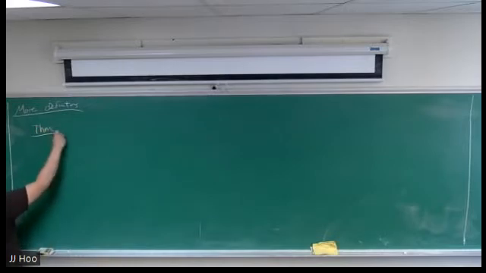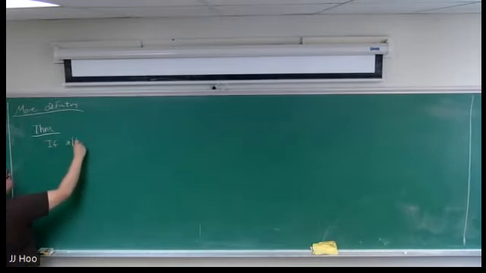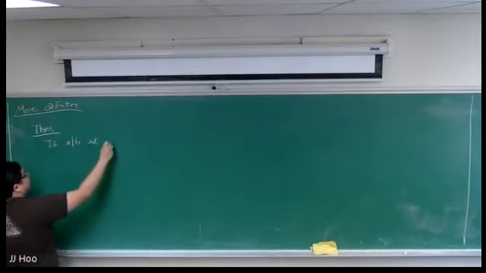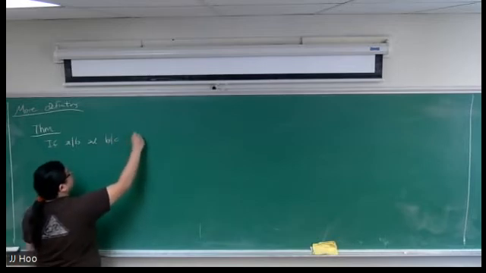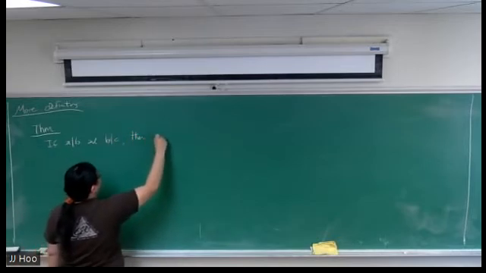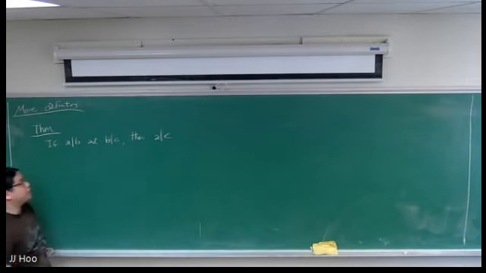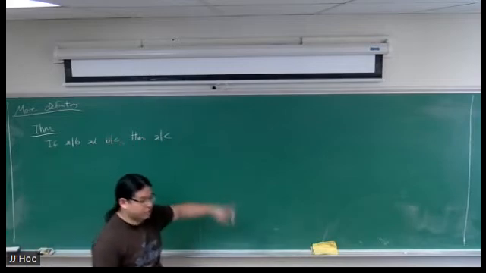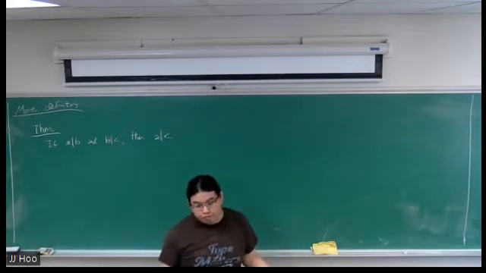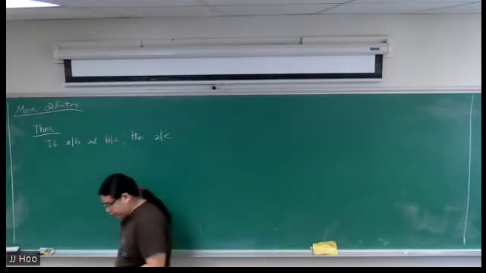So I claim, if A divides B and B divides C, then A divides C. In other words, I want to show that divisibility is transitive, right? If this goes into this and this goes into this, then this goes into this. It seems obvious, and it should be, right? But we still want to be able to prove it.